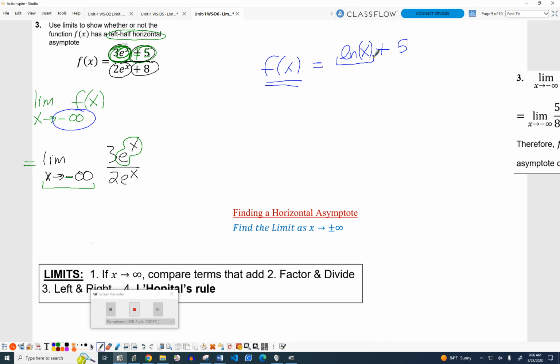As we add them, do they always make some sort of significant contribution, or do we encounter a situation where one of them doesn't really make any difference? What happens is 5 is always 5, but e to a negative number gets to be really close to 0. So 5 plus really close to 0 is not 5, but it's really close to 5. So the 5 is dominating. That's what we're looking for when making that comparison.